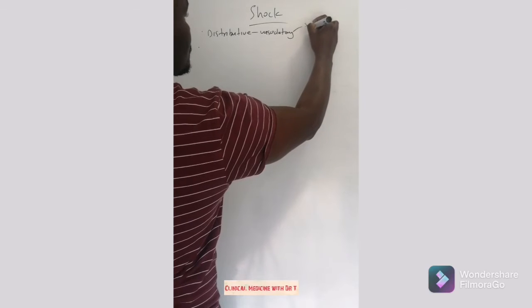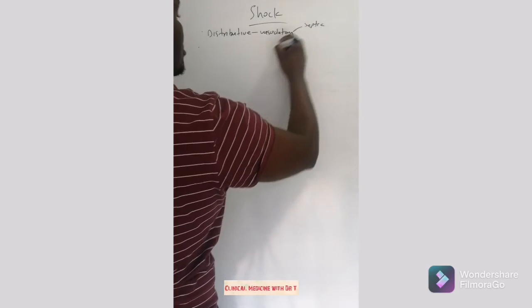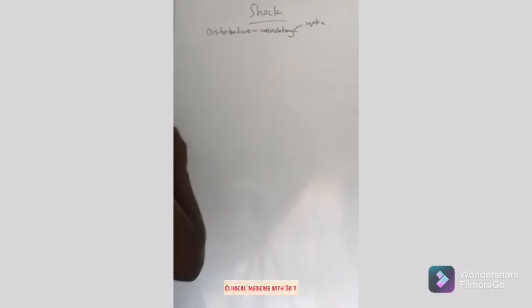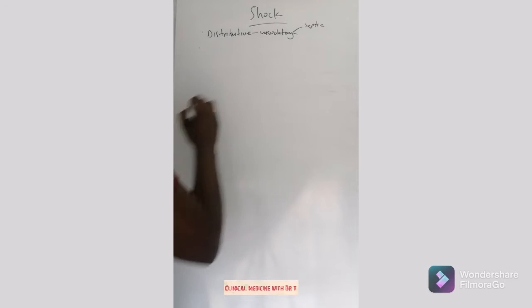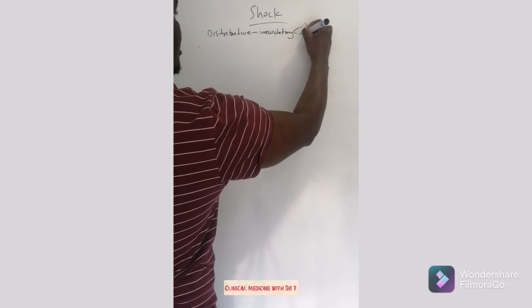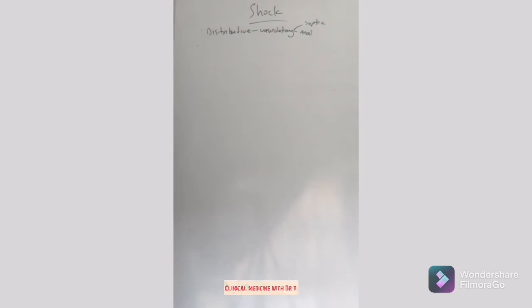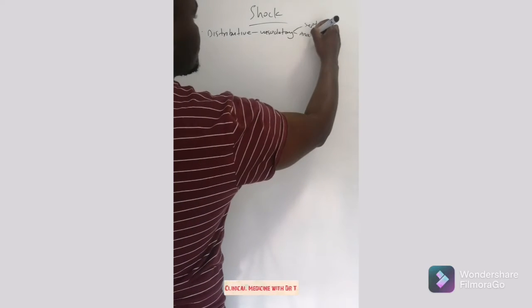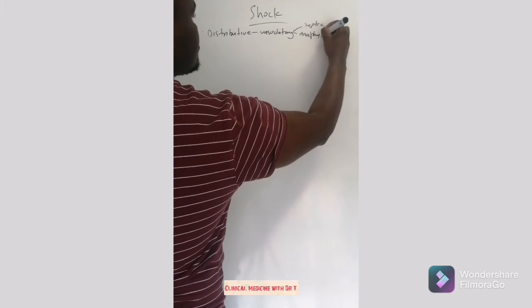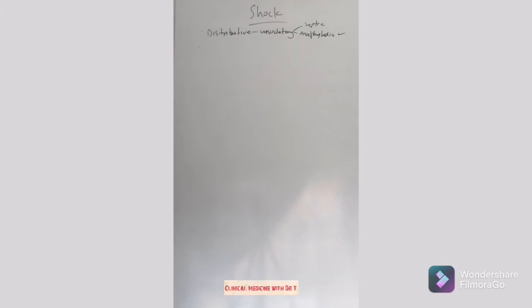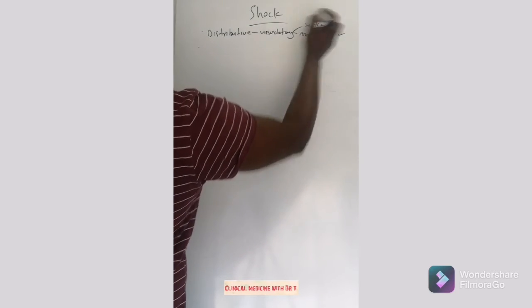And septic shock, which we are going to talk about today, is a type of vasodilatory shock, and that's the mechanism of how it happens. And then we also have anaphylaxis. Yesterday I uploaded a couple of videos, part 1, part 2, part 3, on anaphylaxis. So we've covered that one, and we're going to do this one today.